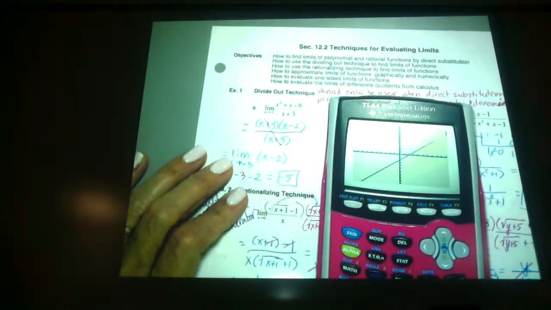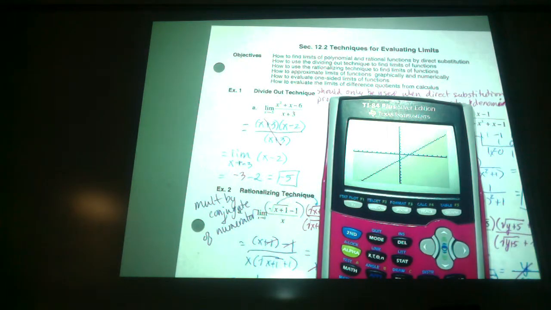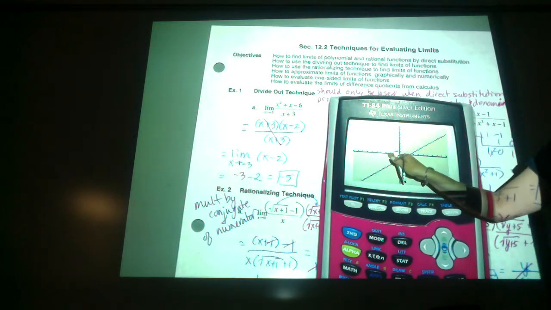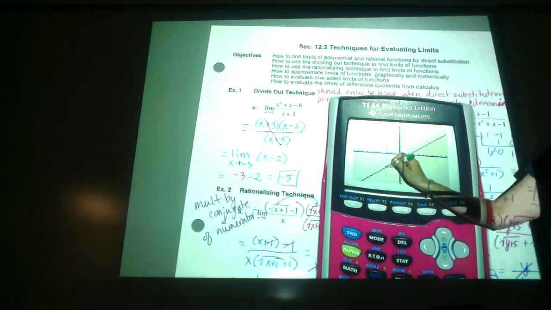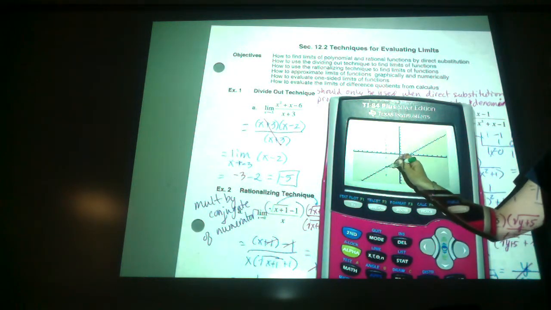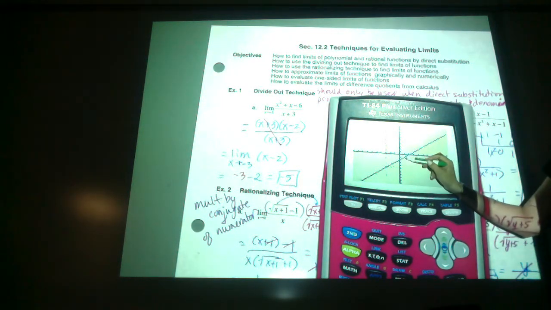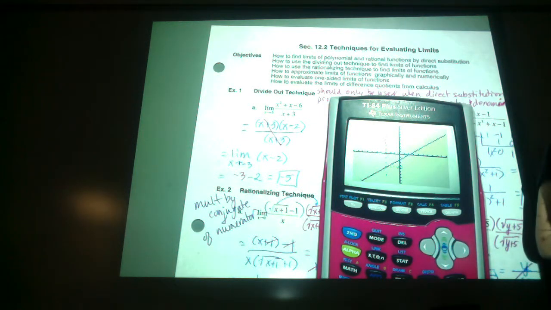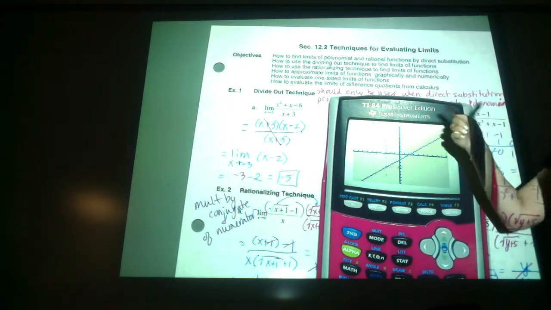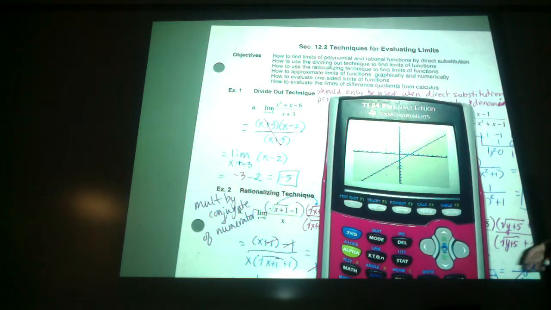So as we look at this graph, it actually looks like a straight line. As x approaches -3, so here's 1, 2, 3. If I draw a vertical line through there, this is where the y value is going to occur. 1, 2, 3, 4, right here at -5. Isn't that what we got through the divide out?